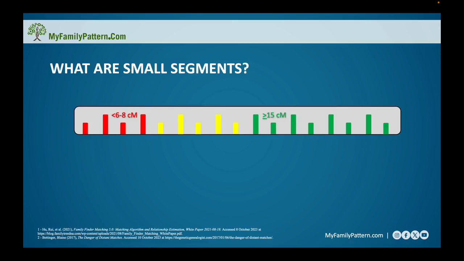So let's define what a small segment is. Again, we're going to define this within centimorgans. And when we talk about this, I have a ruler here to kind of demonstrate what I mean by the size of our match or the segment that's associated with that match. If we share something less than 6 or 8 centimorgans, I'm not talking about those as small matches. Testing companies don't even provide us that level of data.